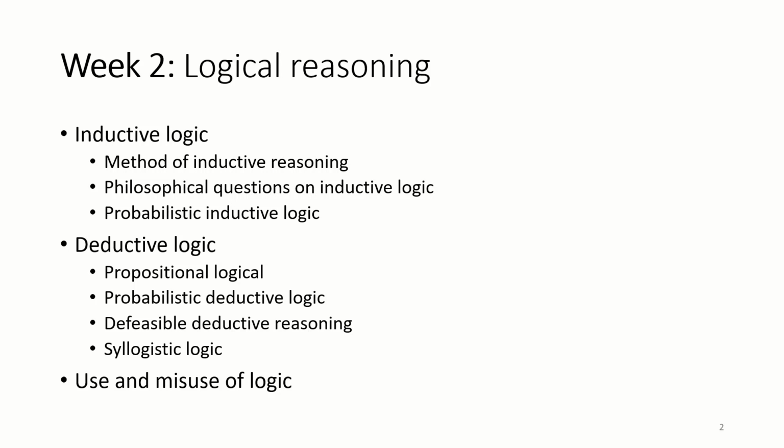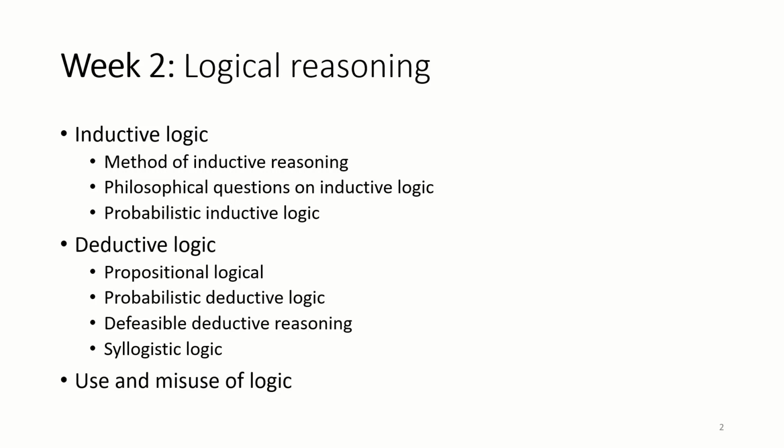We also see some philosophical questions, like how the thoughts of inductive logics developed at that time and how they were relevant, and the probabilistic inductive logic also, like sometimes there is some probability attached to the logic. So how we are dealing with that. Secondly, we go for deductive logic, and there we see what deductive logic is, some propositional logical statements, and some logical structures.